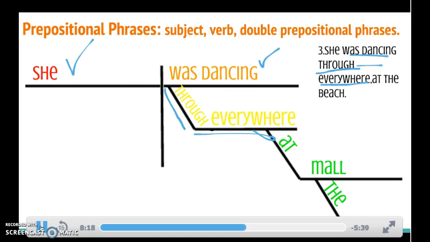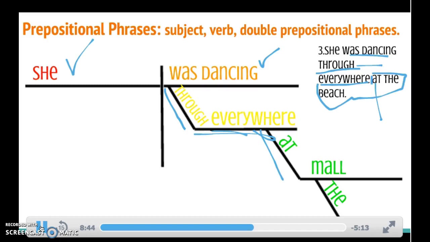Through everywhere. And we write everywhere beside. This next part, at the beach. We're going to analyze it, where at is a preposition, so it means we have a prepositional phrase. We write at below the noun, and then we're going to read the sentence. The next phrase, the beach.